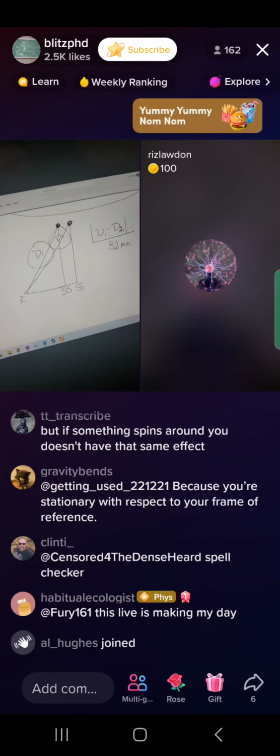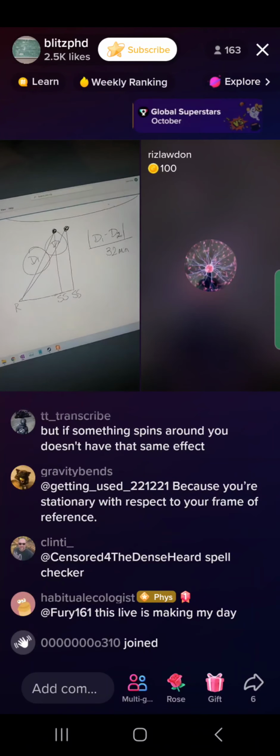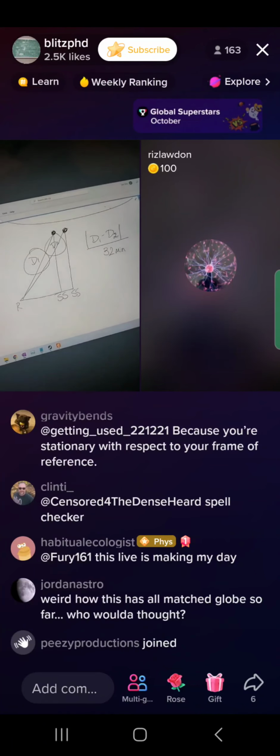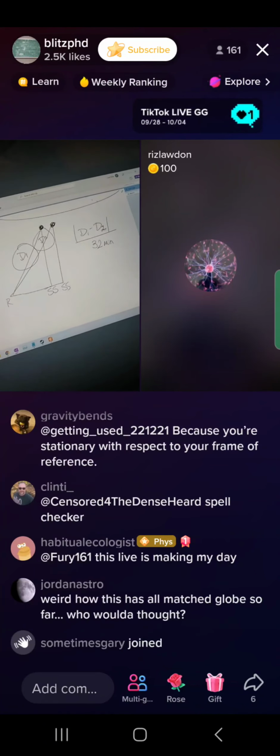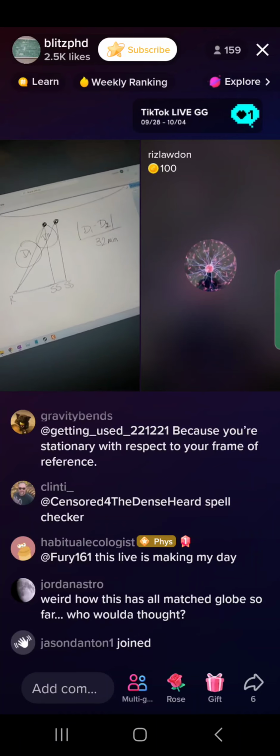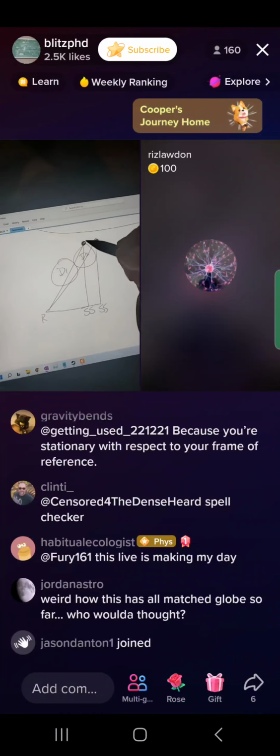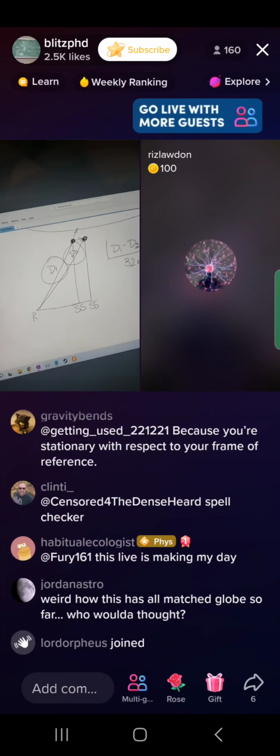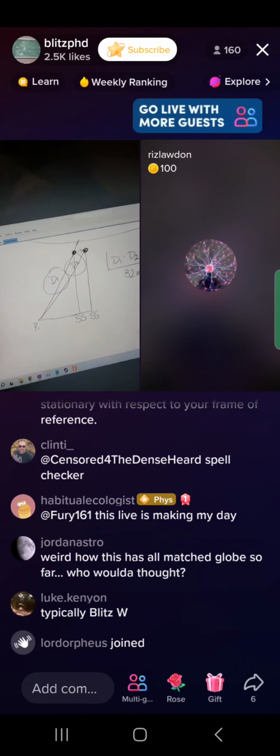Blitz, I want you to imagine for a second that it does capture the speed. It captures the speed of how the sun moves from point A to point B. No, it doesn't, because it's moving in a different direction than your line of sight. So you're not actually capturing the speed at which it's moving.